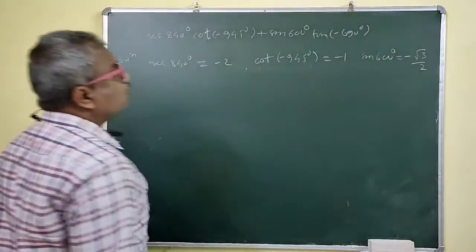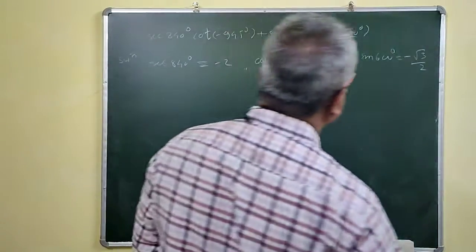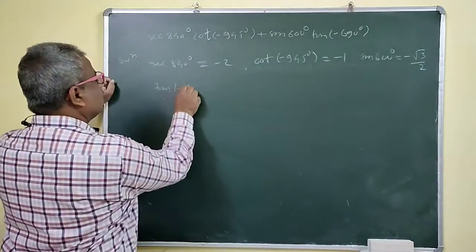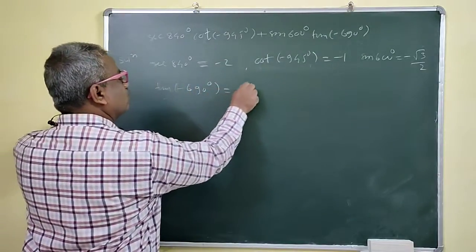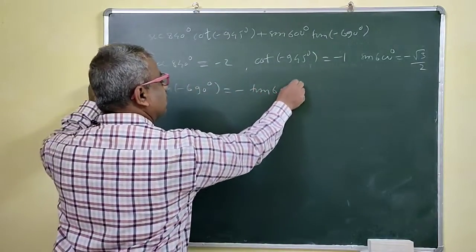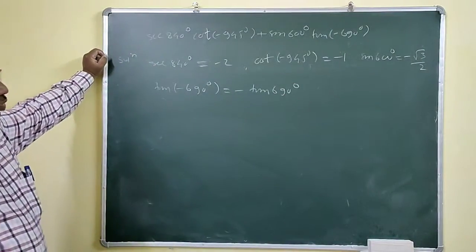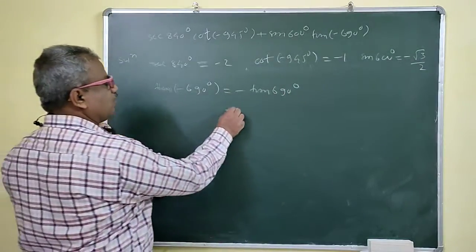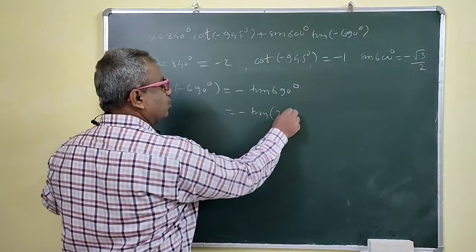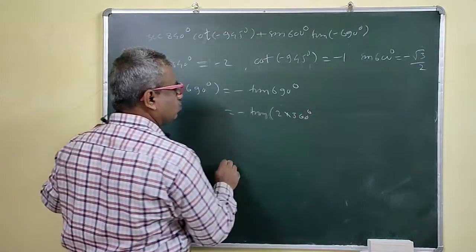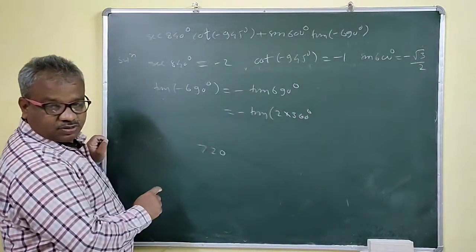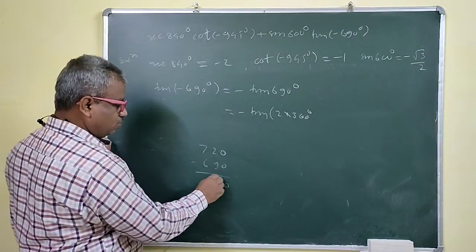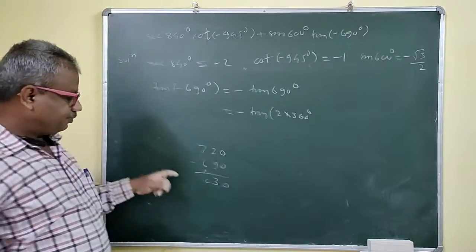Okay. Now we'll find tan of minus 690 degree. So this is minus tan of 690 degree. So it is close to 720 degree, right? So we may write this as minus tan of 2 into 360 degree, so this is 720 degree, minus 690, so this is 30 degree.